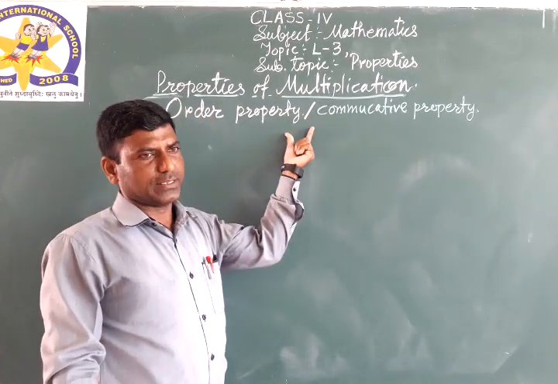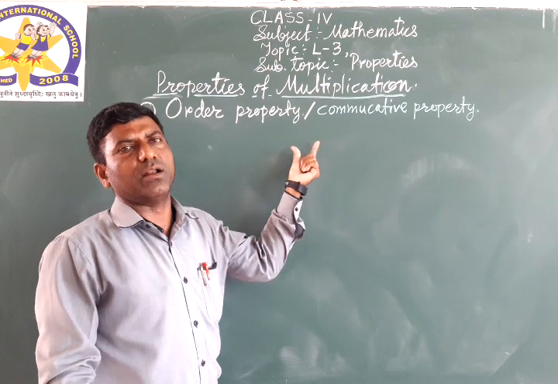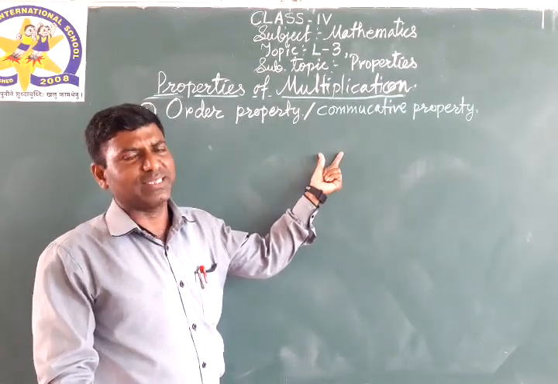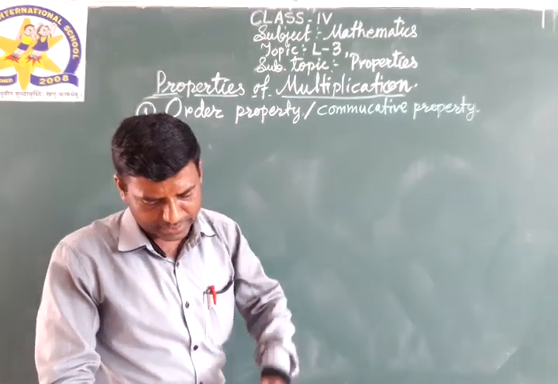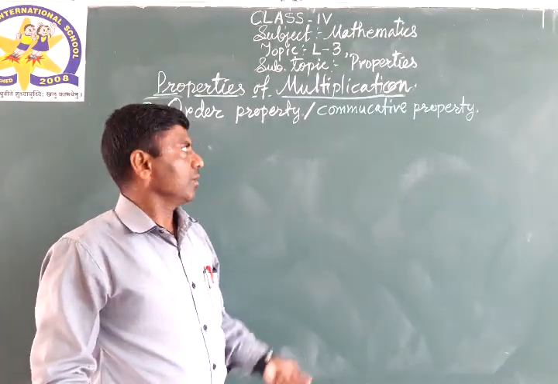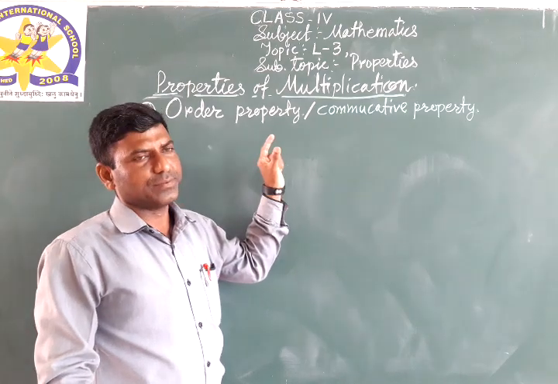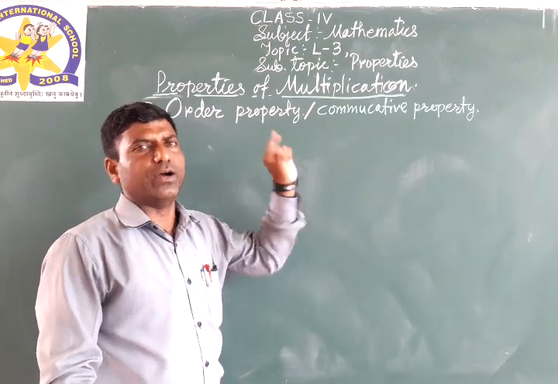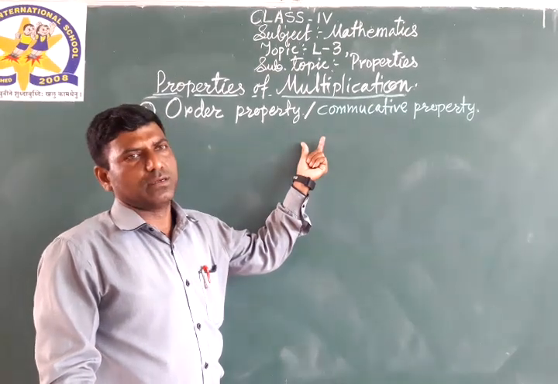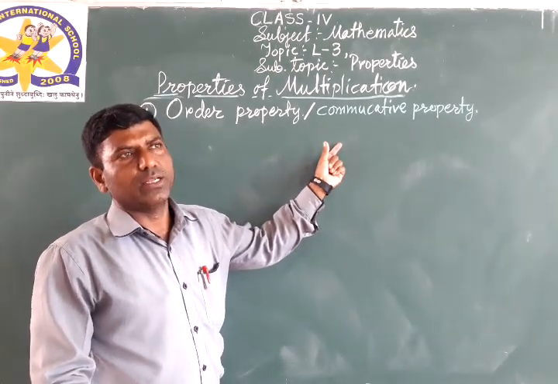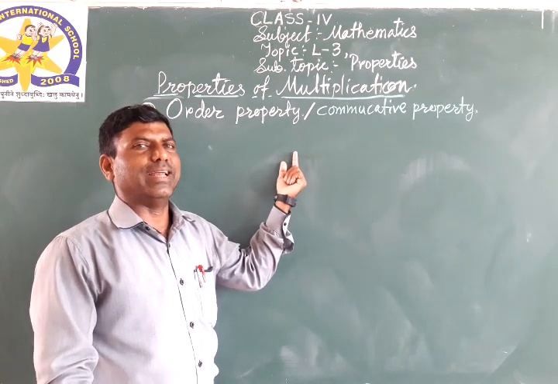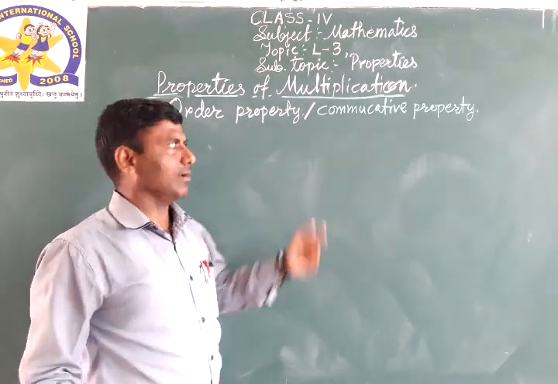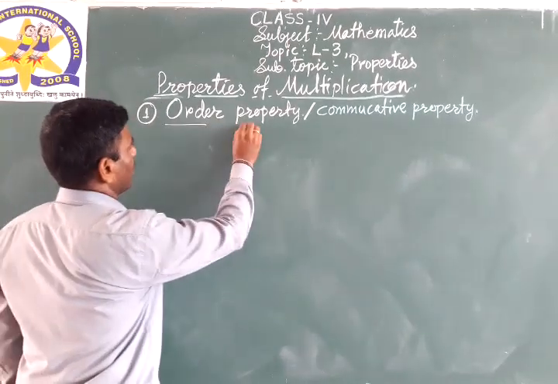Order property means if we change the order of the numbers, the product will still remain the same. If two numbers are there, we can multiply the given numbers in any order. First then second, or if you put the second number first, the product will remain the same. Let's see the order property.